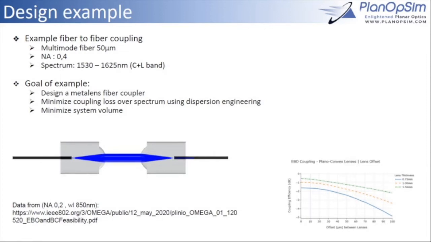So our goal is to have minimal coupling loss over the entire spectral band, both with our classical design and with our metasurface design, and also to minimize fall. This can get bulky. By the way, the data I took as a reference comes from this link here, which I recommend reading.